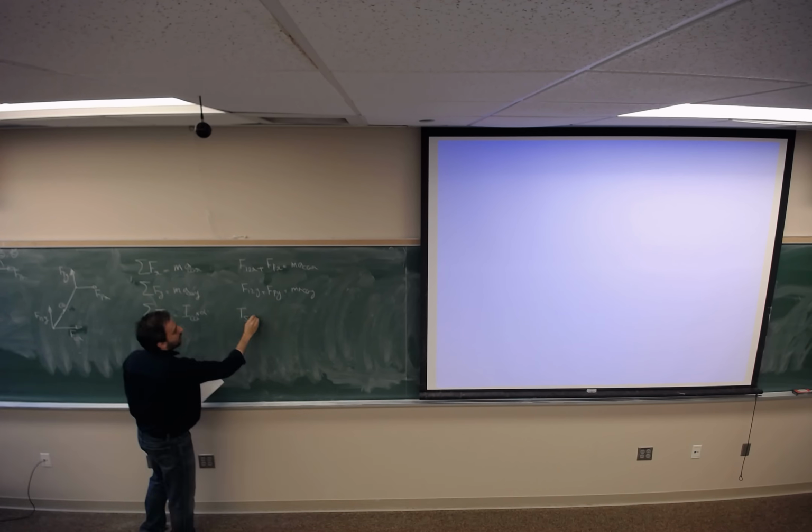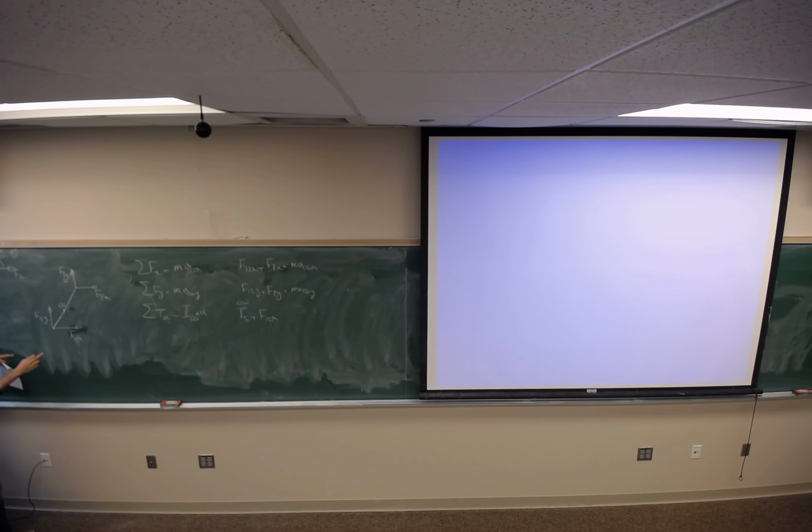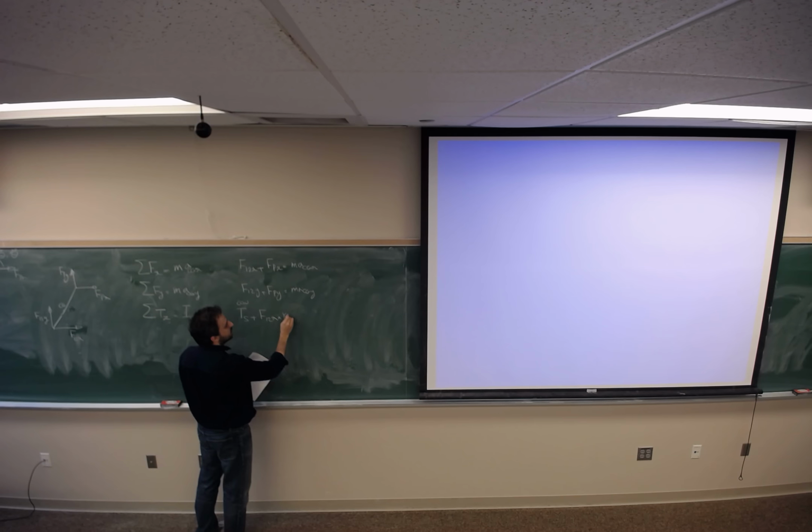It's counterclockwise. I just assume it's counterclockwise, so I put the positive sign for that. Plus this force times this distance is making counterclockwise rotation about center of gravity. F12x times Rg2 sine of theta 2.